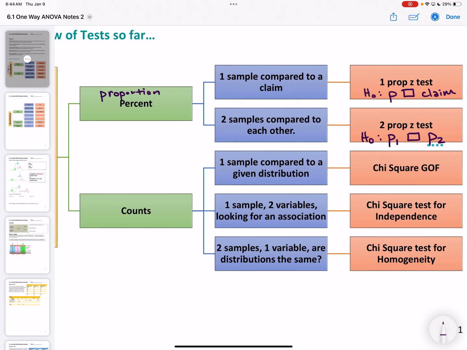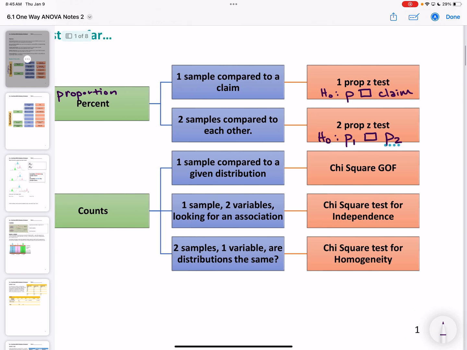If we're talking about counts, how many things fall into a certain category, then if it's one sample compared to a given distribution, that's your chi-square goodness of fit test, okay?